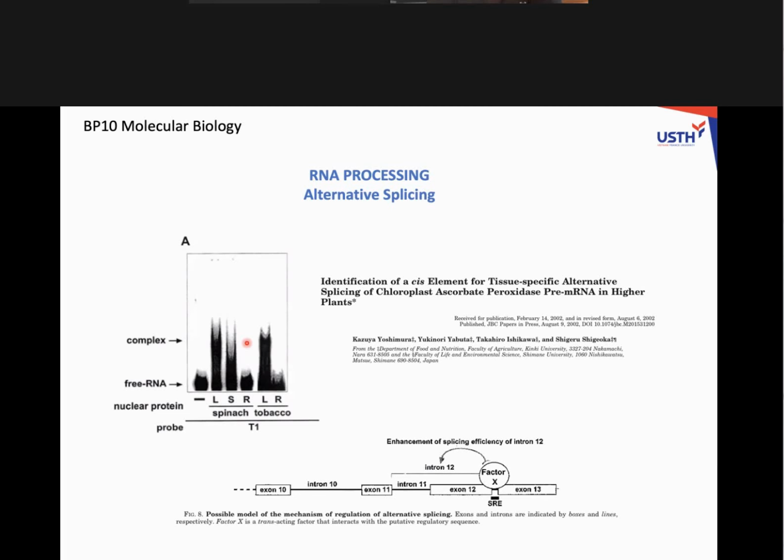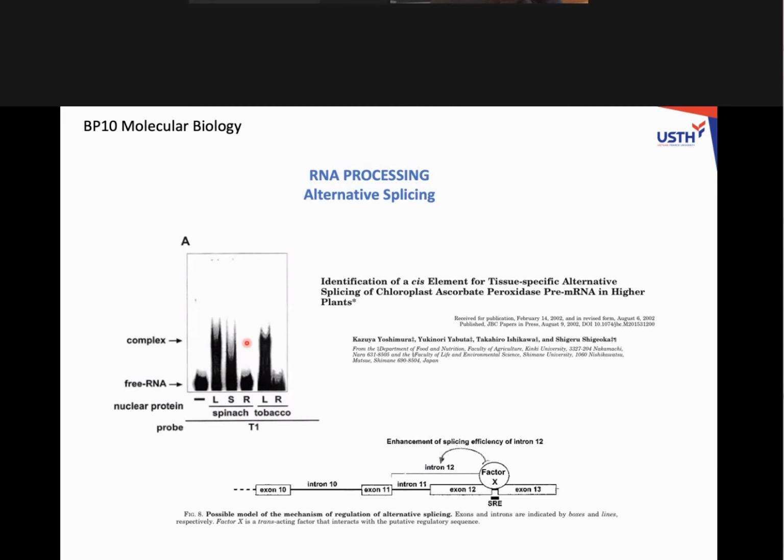Yeah, so from this result, I think that we can see that there is some element or protein that binds to... No. You're sure that it is protein? Okay. Yes.